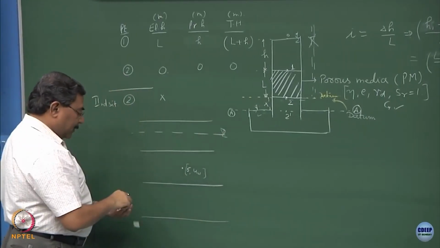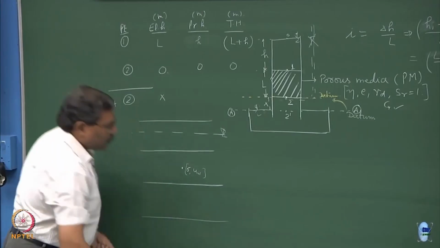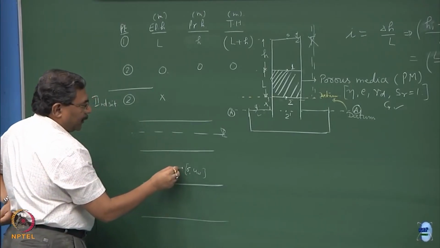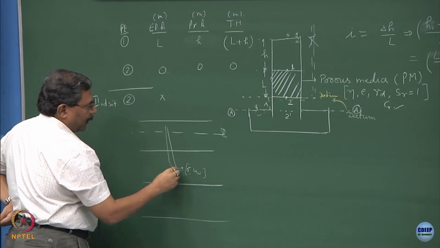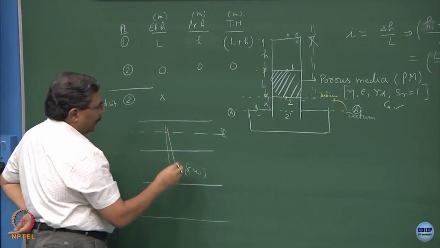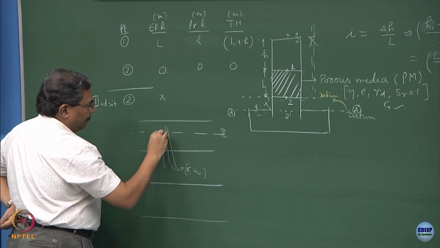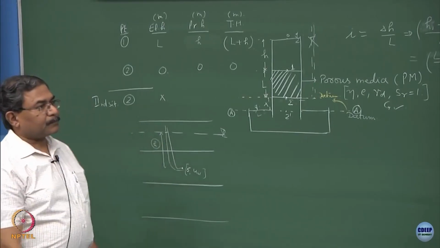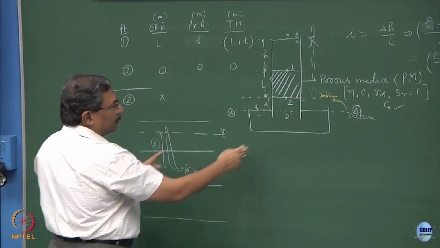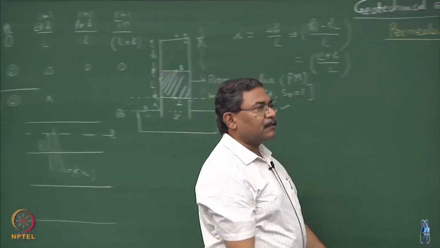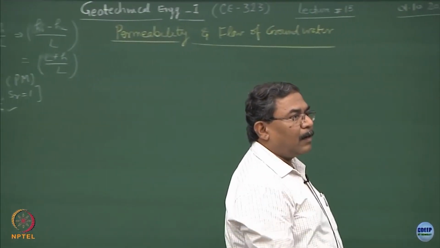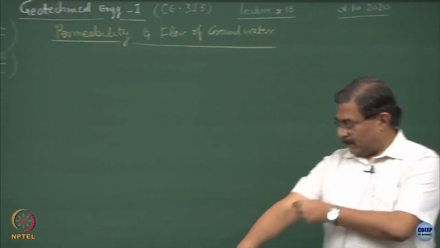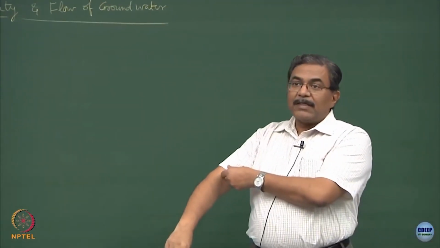Now, in this case I can install a piezometric tube over here, and this is what is going to rise up to this point, and hence the head is going to be this much. So, what is the difference between this situation and this situation? Anybody in the class? And that is what you have to understand.